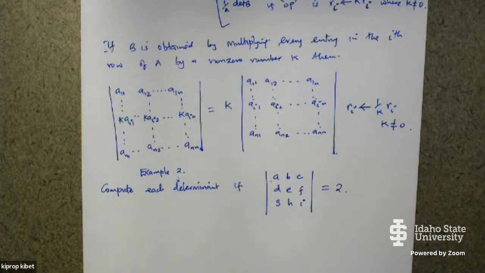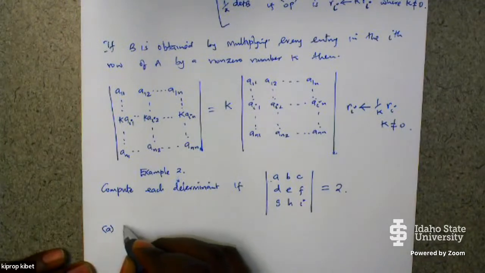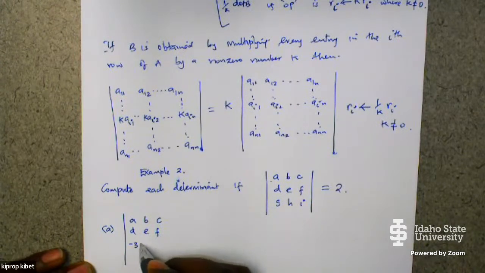Now, number A: find the determinant of the matrix with rows A, B, C, D, E, F, minus 3G, minus 3H, minus 3I.